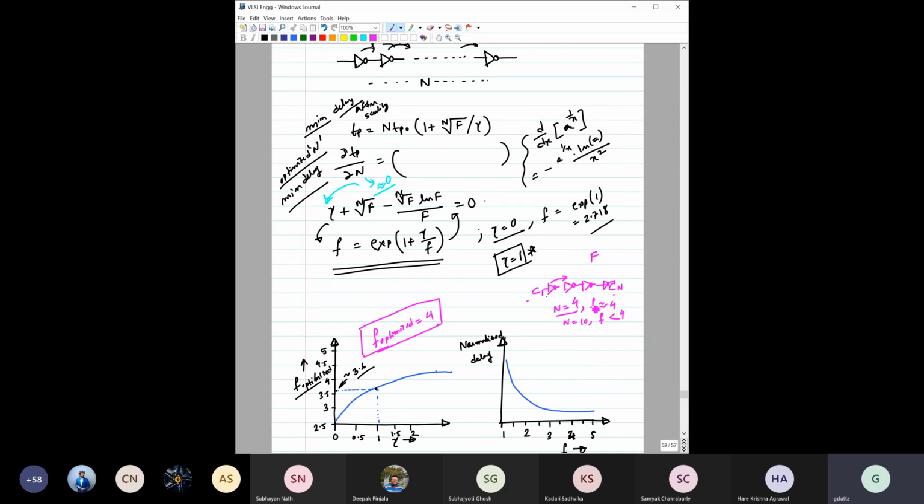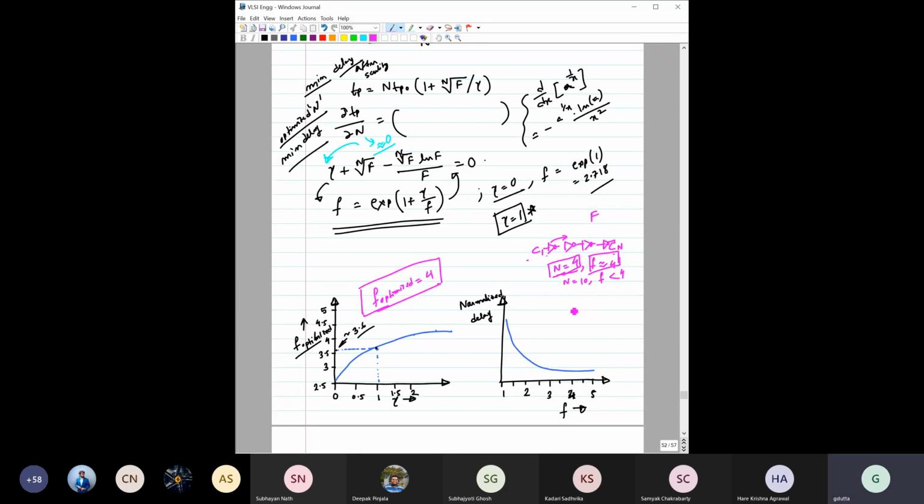So try to get an idea of what should be the value of f for the number of n you are using. We have seen that generally we try to keep this optimized value of f nearly equal to 4. From that perspective you can design how many stages you want to put in between.